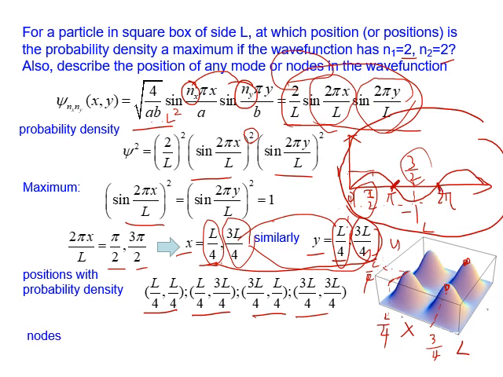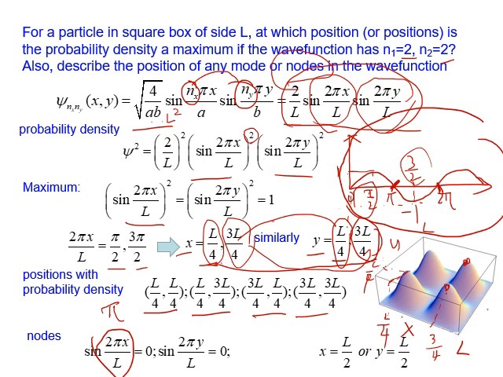So our solution is that sine 2 pi x over L is 0, so let's say this is pi, and that's a node. And how can this be pi? We'll solve it. x will be L over 2. So x equals L over 2 is the solution of this one, or y equals L over 2 gives you this 0.